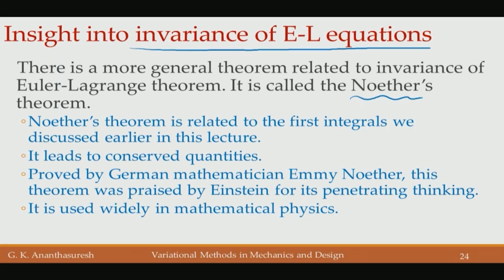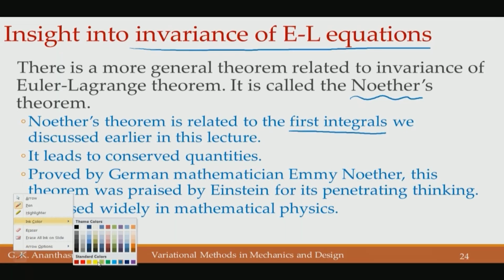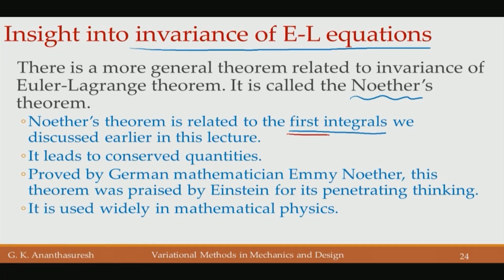It is related to the first integral that we have discussed. And the first integral, we already saw when we looked at one example, gave the conservation of energy. We took the mass spring model with Hamilton's principle where we extremized the action integral using calculus of variations, and we got conservation of energy out of that.